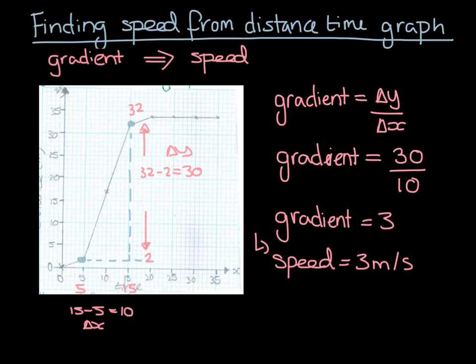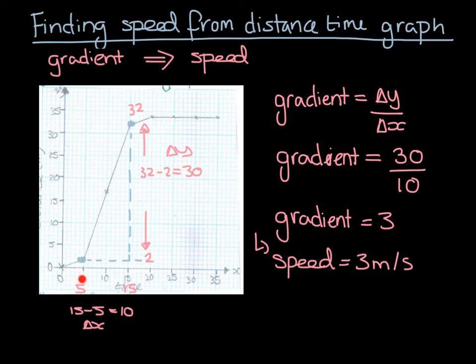We then use the scale here and here on the axes to work out the change in the y-axis. So this reading, if you follow it across, is on 2, this reading, if you follow it across, is on 32. So we look for the change in the y-axis, 32 minus 2 equals 30.